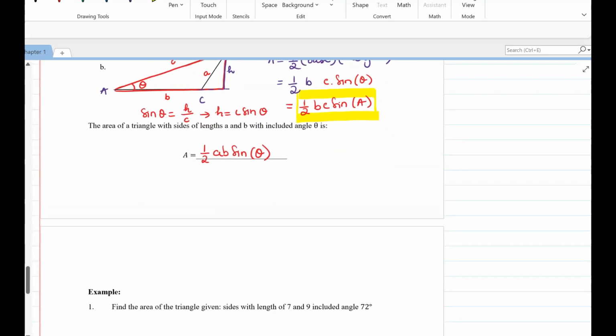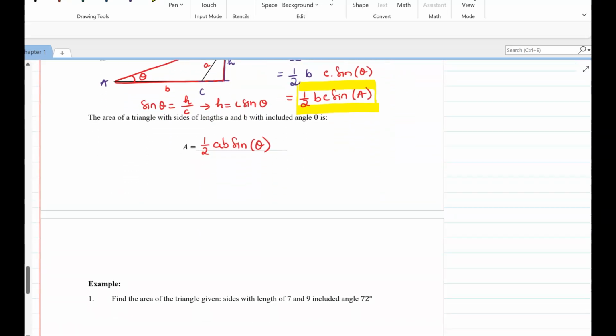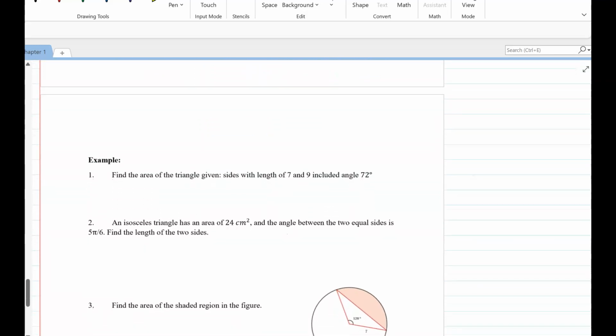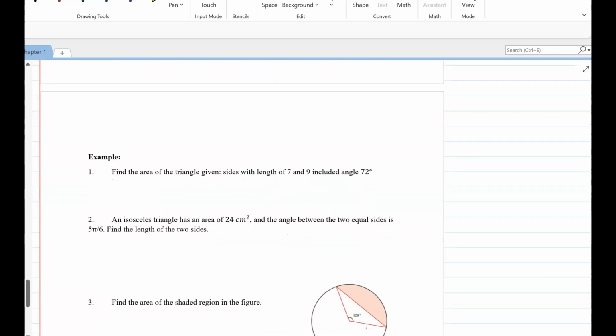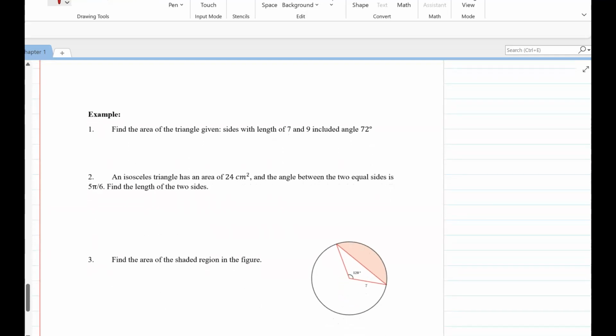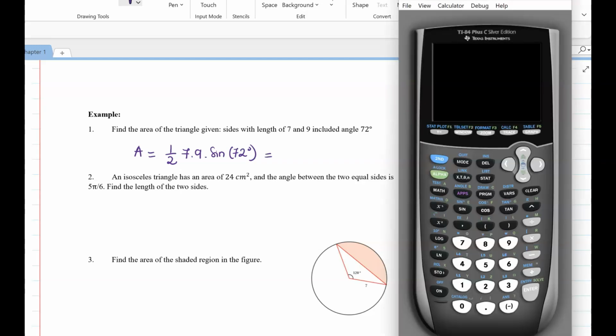Let's apply that to a couple of our problems. Find the area of a triangle given sides of 7 and 9 and an included angle of 72 degrees. So the area equals 1/2 times 7 times 9 times sine of 72 degrees. Let's put this into our calculator.